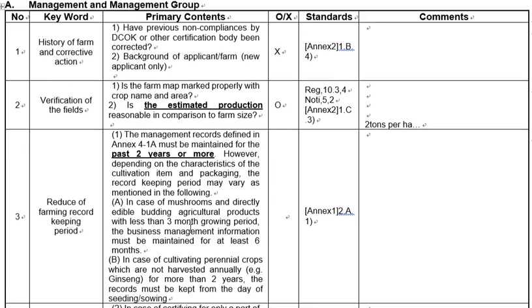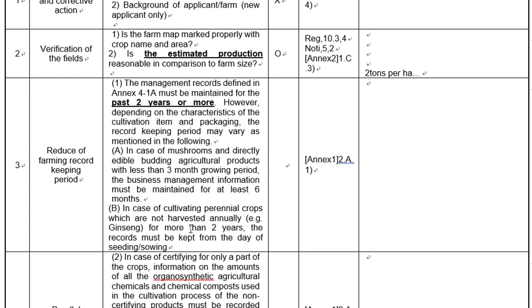Okay, let's go to number 3, reduce of the farming record keeping period. Basically, 2 years is required by the Korean standard to keep all the farming records on the farm. So the inspector needs to verify whether the operator has the records for 2 years.